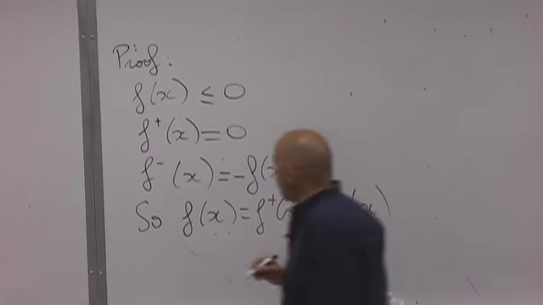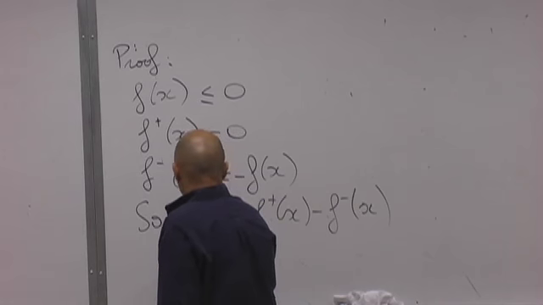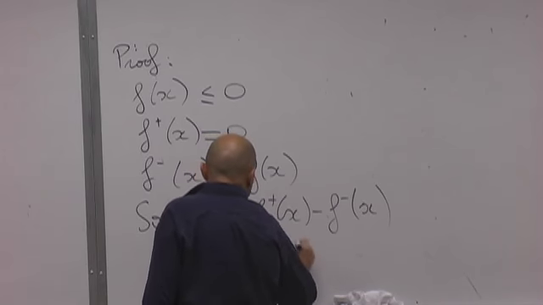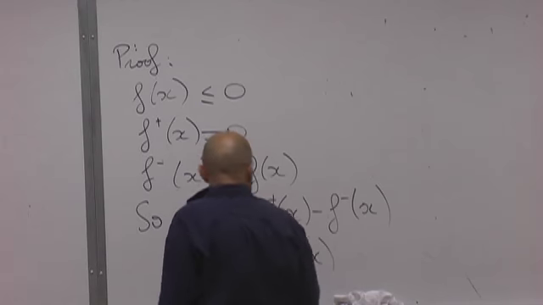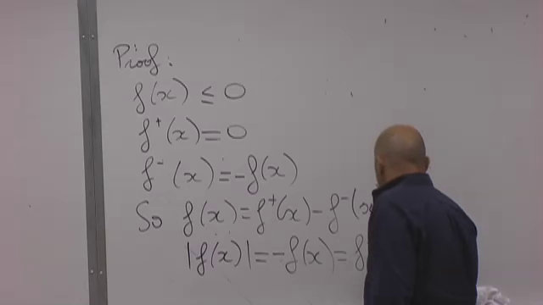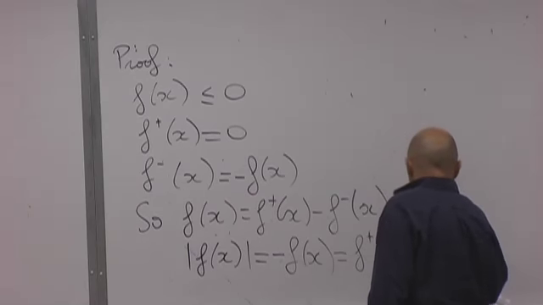And the absolute value of f, which in this case would be minus f of x, is f plus of x plus f minus of x.